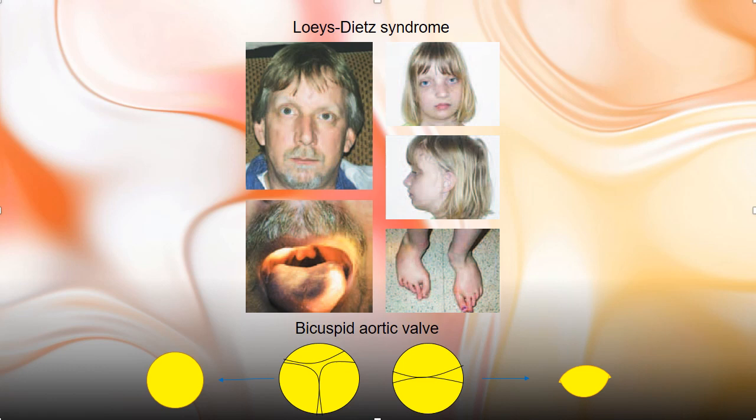Same cause, disorders affecting TGF beta, leading to decreased synthesis of collagen, especially at skin.